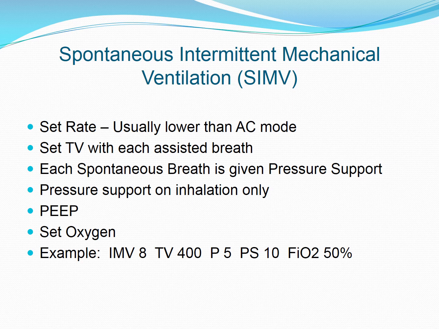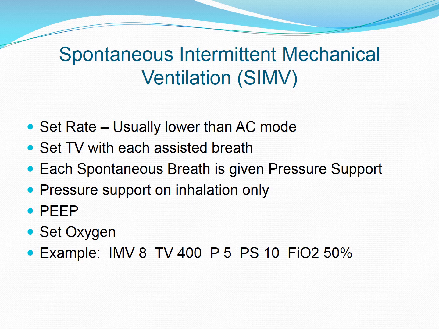They have a set tidal volume with each assisted breath, and by that I mean each ventilator breath. So the tidal volume on this patient below is 400. Now, each spontaneous breath is given something called pressure support. What happens with this is that the ventilator breath gets a tidal volume of 400.